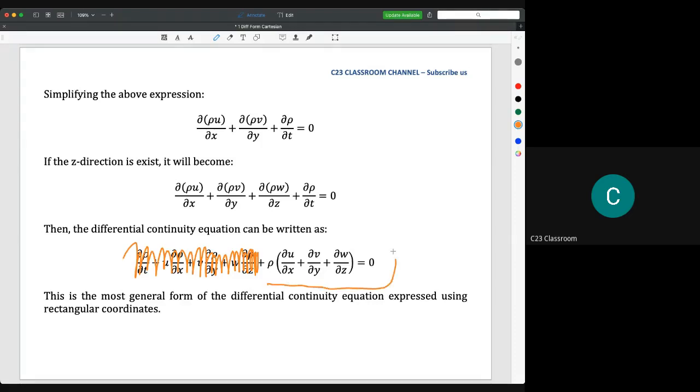So in these mathematical terms, we have two possibility. One is the rho is equal to 0, then the value will equal to 0 here, or the value in bracket is equal to 0, mean the du dx plus dv dy plus dw dz is equal to 0.